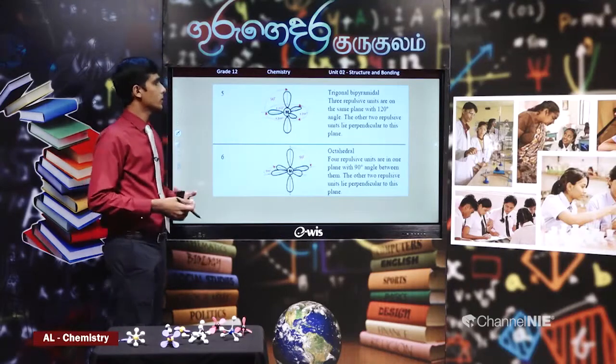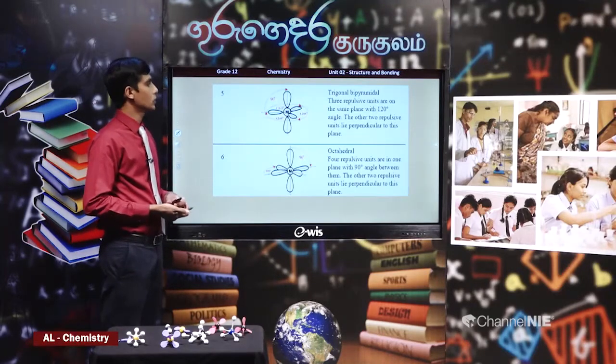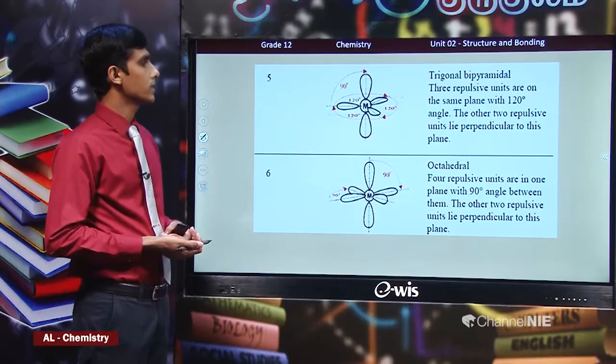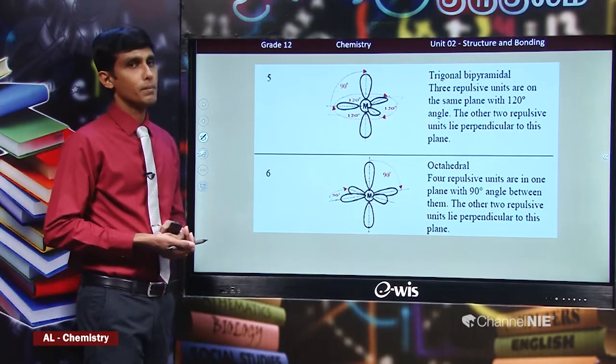If you consider a situation where there are 5 repulsion units, those 5 will be arranged so that 3 will be in the same plane, the other 2 perpendicular to that plane. This arrangement is known as the trigonal bipyramidal arrangement.